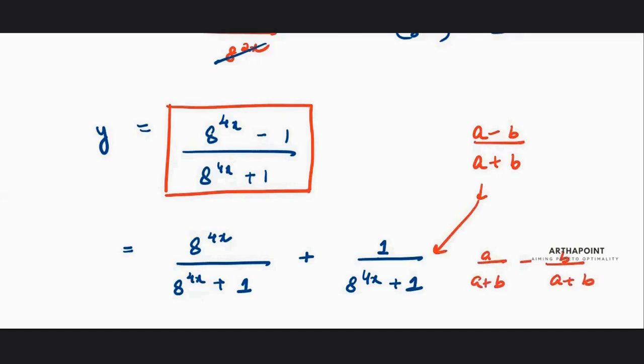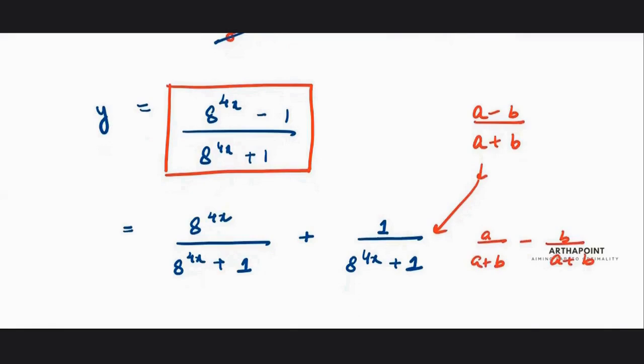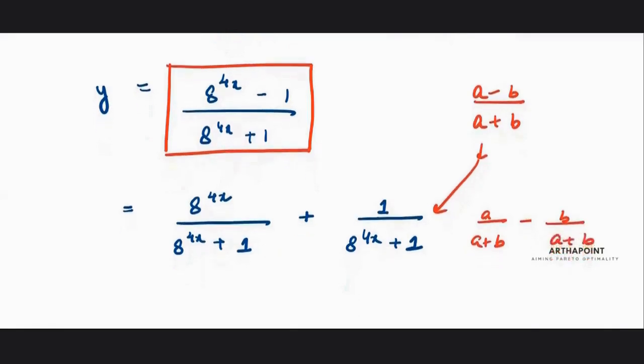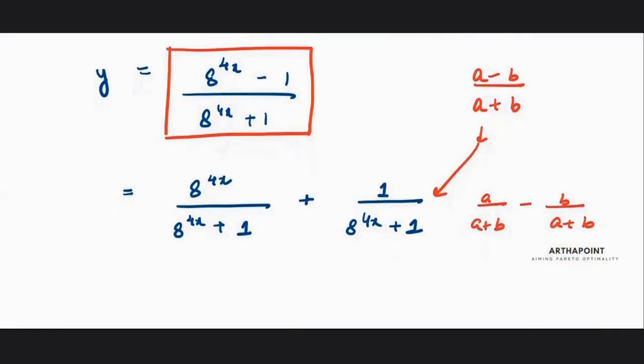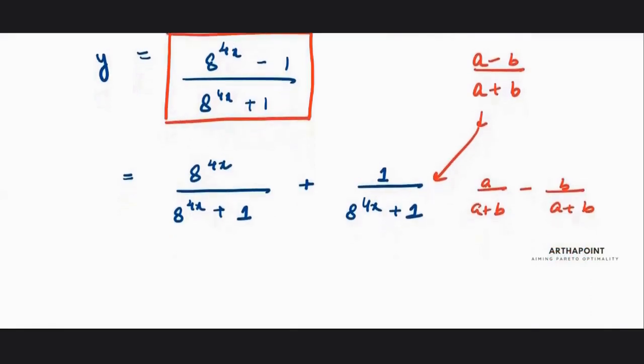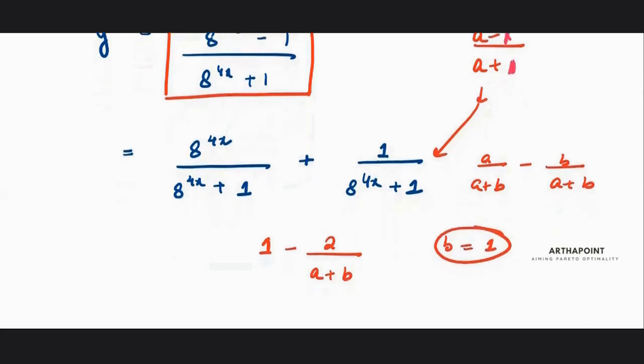The other way to solve this fraction is to write it as 1 minus 2b upon a plus b. When b is equal to 1, ideally this is a minus 1 upon a plus 1, right? So whenever you have this fraction, you can write it in this format.